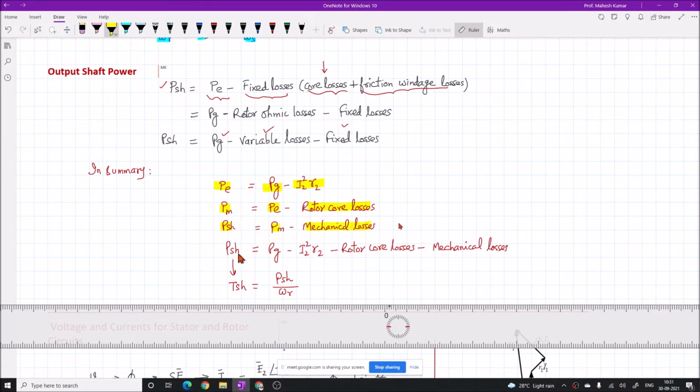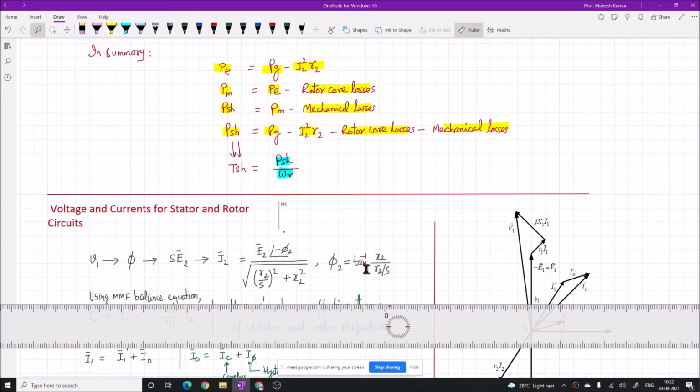Therefore we can write that the shaft power is given by PG minus I2 square R2 minus rotor core losses minus mechanical losses. And this shaft power will give us the torque on the shaft of the induction machine, that is TSH is given by PSH by omega r. That is a standard torque and power expression.